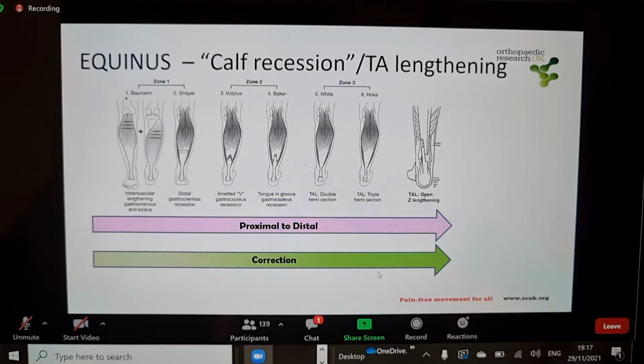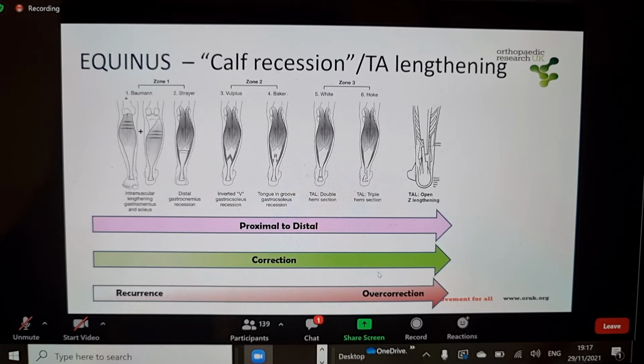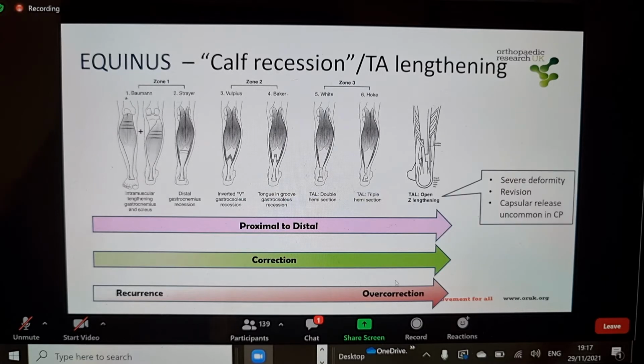So that might be a reason for choosing a more distal correction. On the other hand, there is that risk of overcorrection the more distal you go. Or look at it another way, if your glass is half empty rather than half full, you could say that the more proximal you go, the higher the chance of recurrence. So this is something in our minds as surgeons that we have to decide when dealing with equinus. That's a problem that we have to wrestle with.